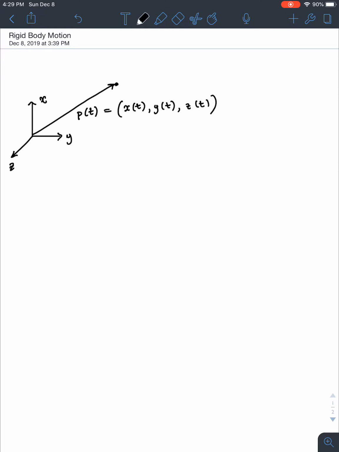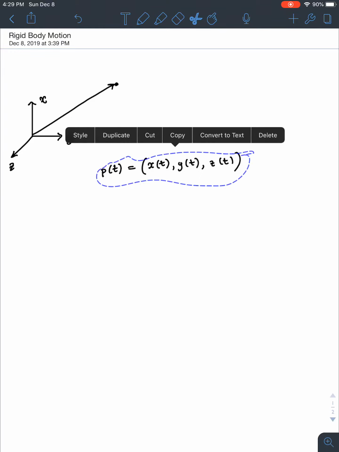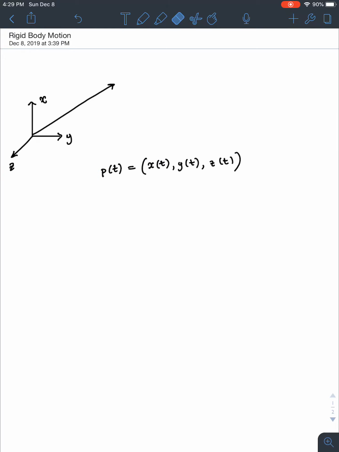That's for a particle. Now, if we try to extend our definition from one particle to a continuum of particles, let's suppose we don't have just one particle, but what we have is a rigid body, and this is one point on the rigid body.